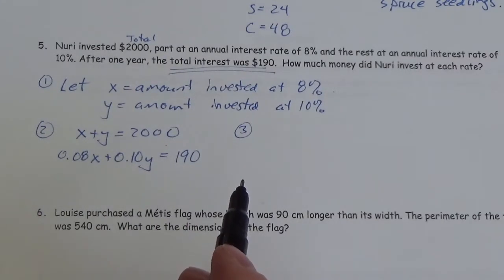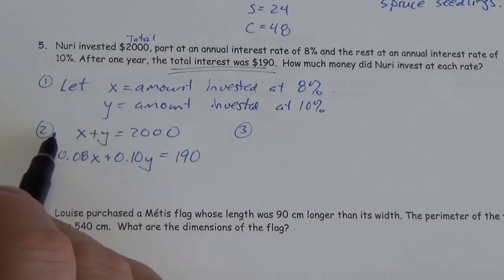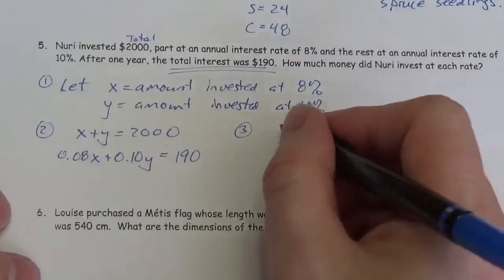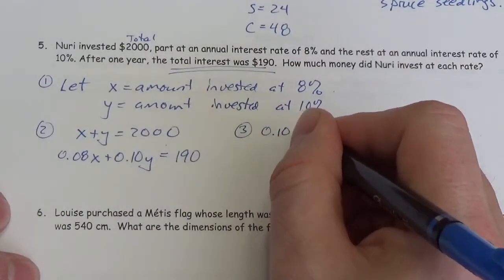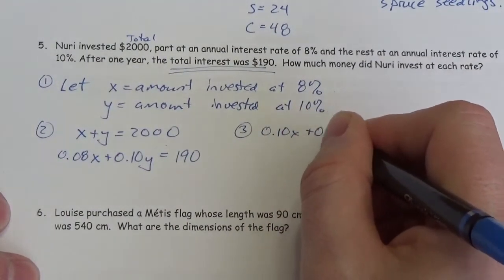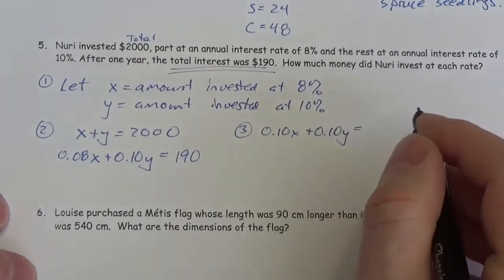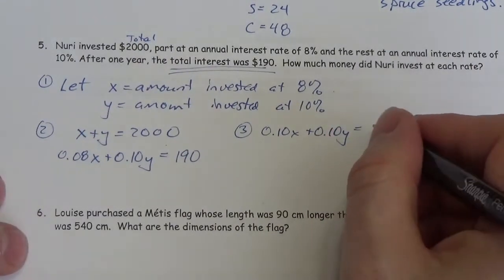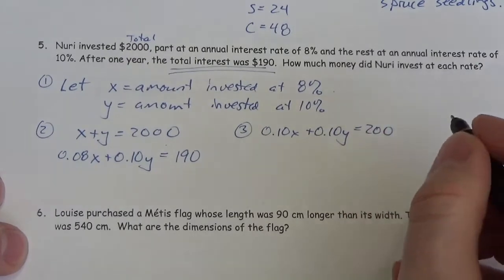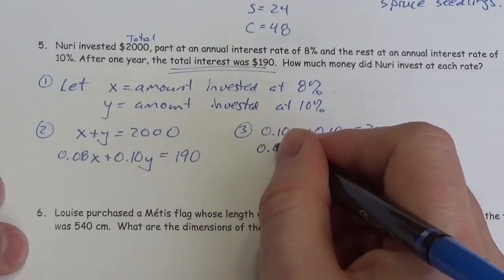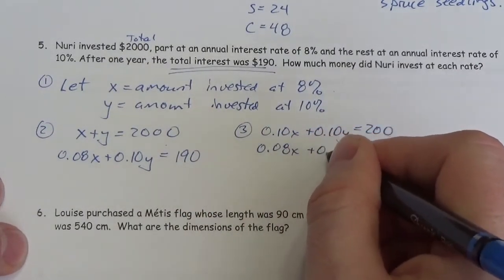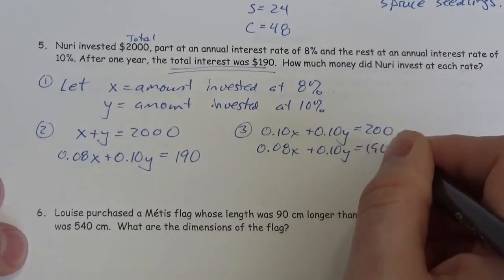So I'm going to multiply that first equation through by 0.1. So I'm going to get 0.10x plus 0.10y, and 10% of 2,000 is going to be 200. And then my second equation, I'm not going to make any changes to. That'll equal 190.